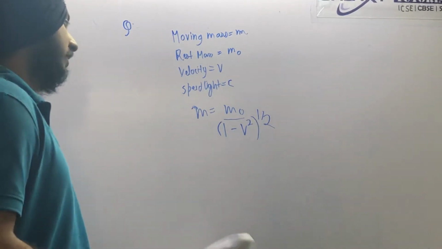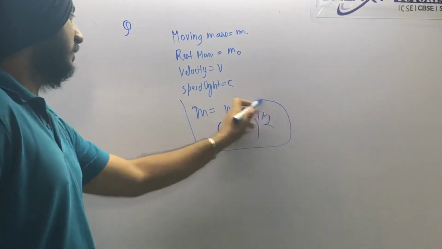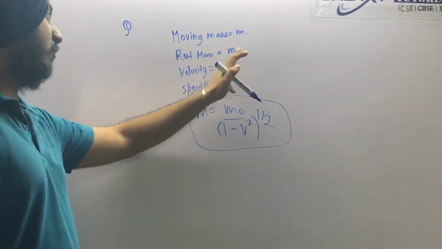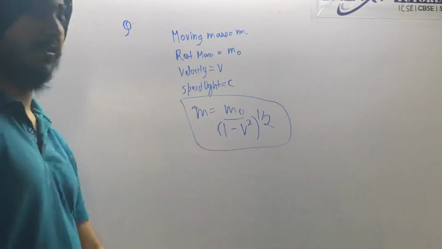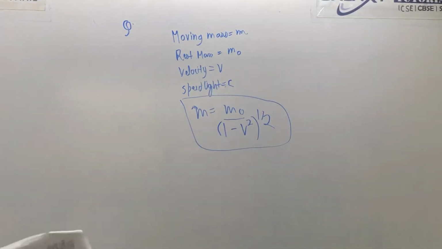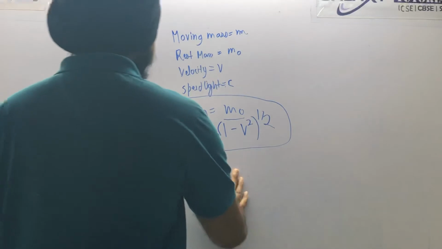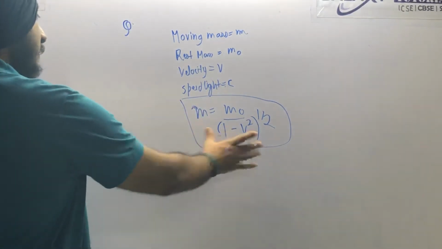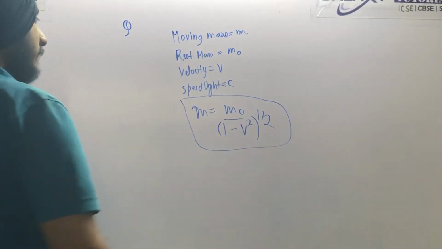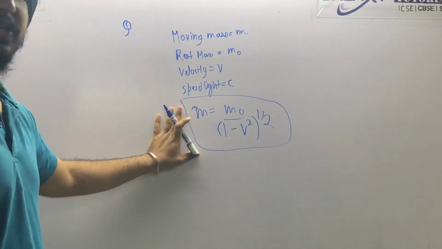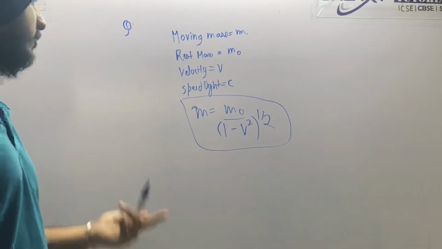But actually, this relationship depends upon c also. Do you see c somewhere here? No, you are not seeing that here. So here we have to somehow substitute the value of c, so that this relationship becomes true. So where to substitute that value?